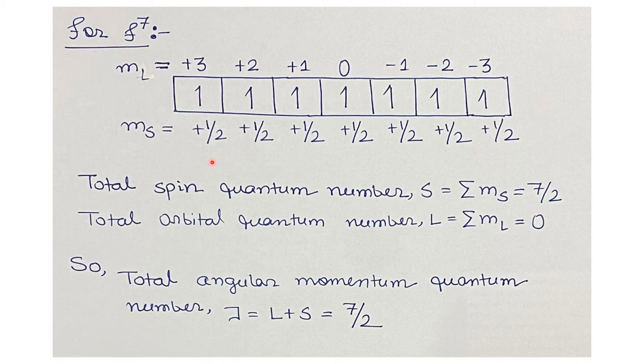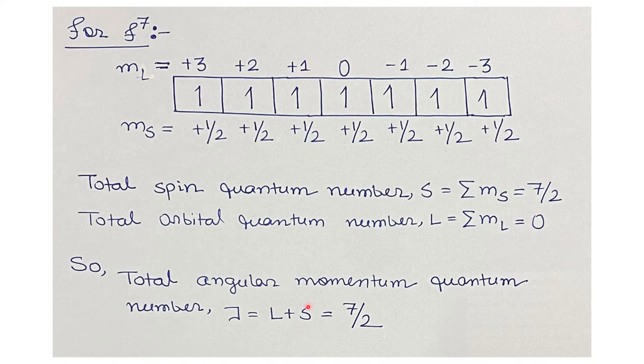So for this configuration, we will have the total spin quantum number S equals the summation over all ms, the spin quantum number of the electron, that will be 7 times 1 by 2, that is 7 by 2. But the total orbital quantum number L equals the summation over all magnetic quantum numbers ml. As this is half filled, the summation of all ml will be 0 here.